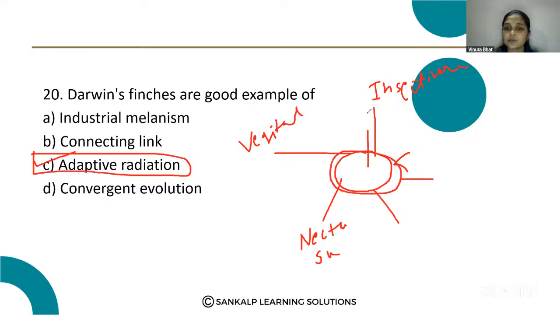When it moved to different places of that island, it was able to adjust to the environment and develop the different finches. That is famously known as Darwin's finches. Option C is the correct answer.